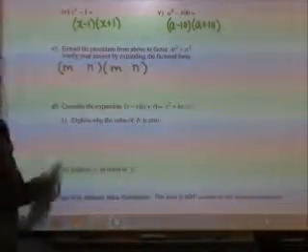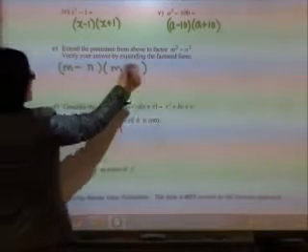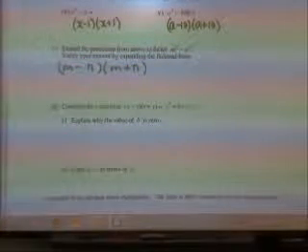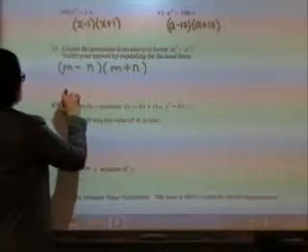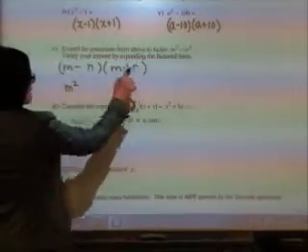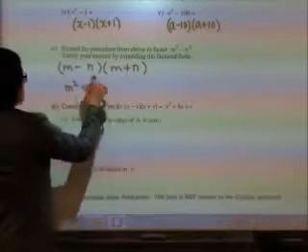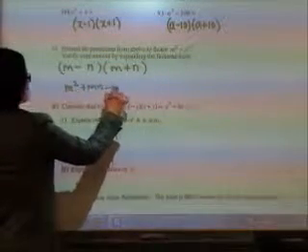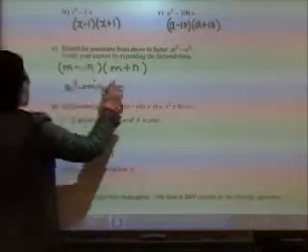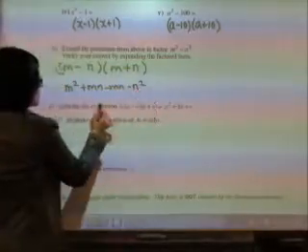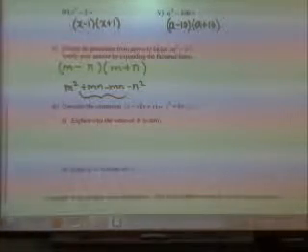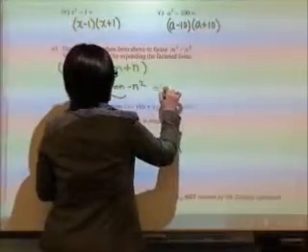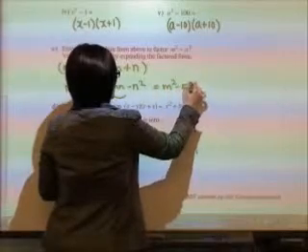One negative and one positive, so that if I go to expand this out, I get m squared plus mn minus mn, because we put it in alphabetical order, minus n squared. These two terms equal 0. They cancel each other out, leaving me with m squared minus n squared.